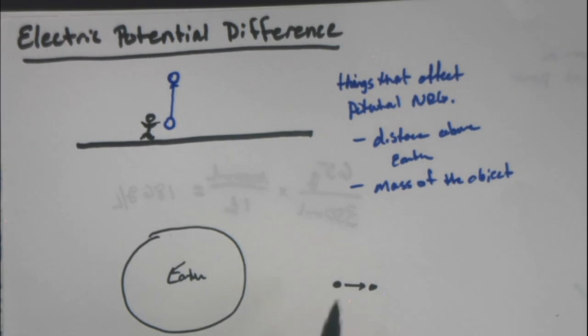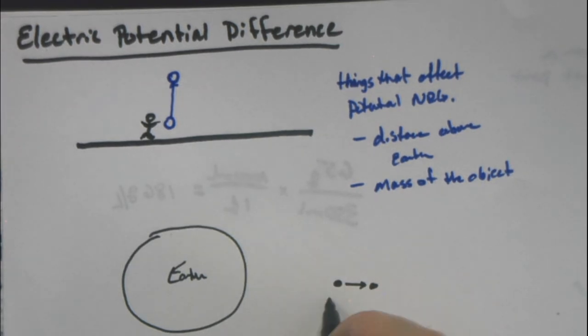And we can calculate our potential energy, which we call U, or let's call it PE for right now. Potential energy here and our potential energy here, it's going to change.